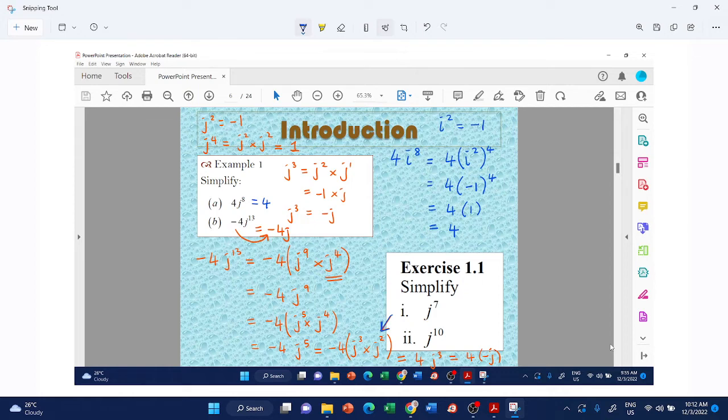For a complex number, you reduce it. You break it up, following 13. You choose, let's say, 7 plus 6, 9 plus 4, and so on. 9, 4, 13.